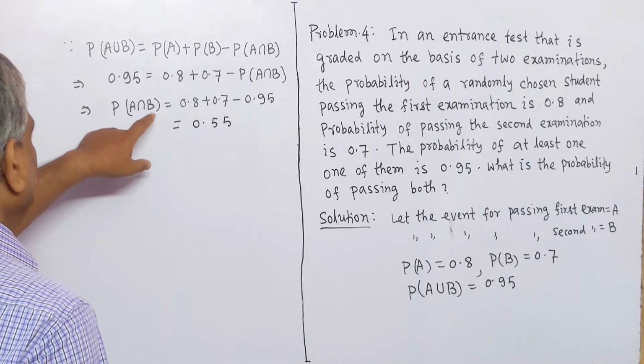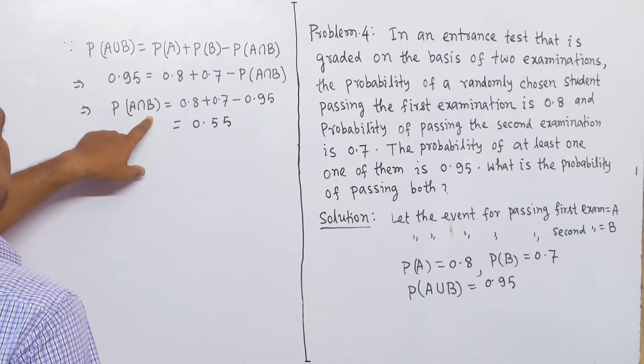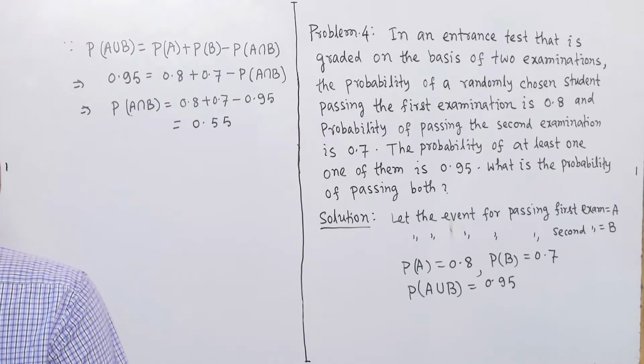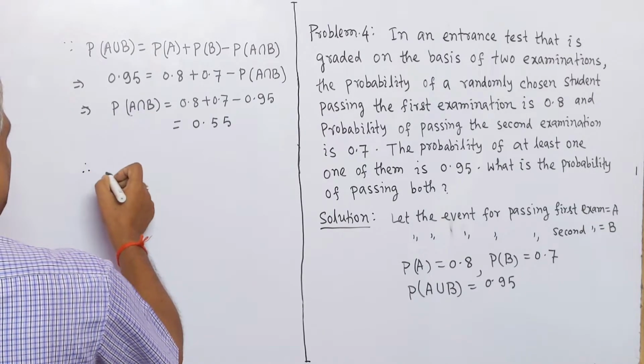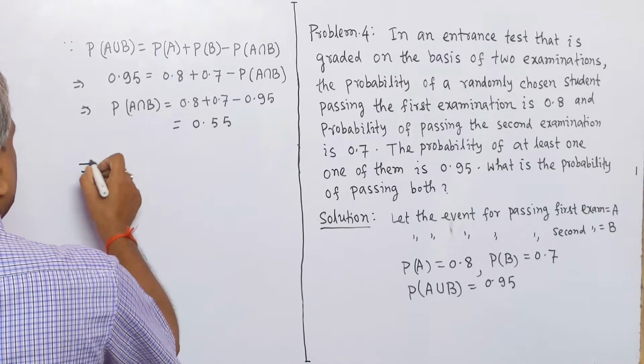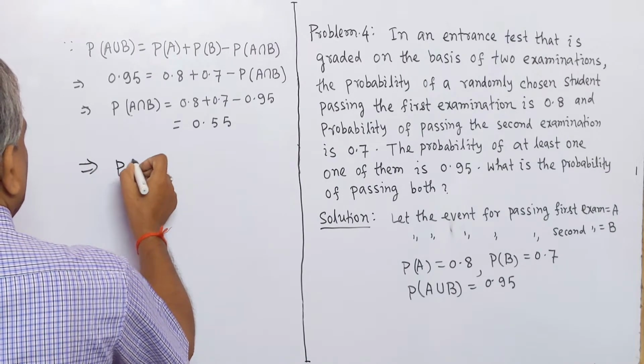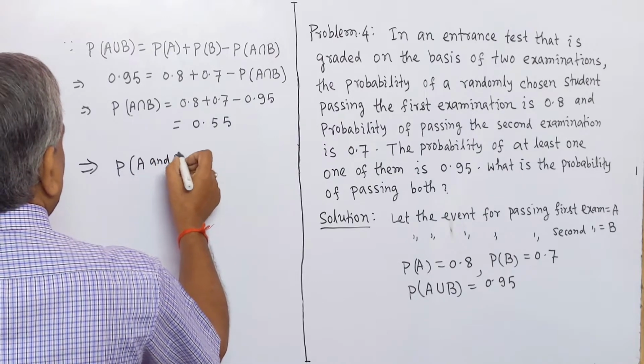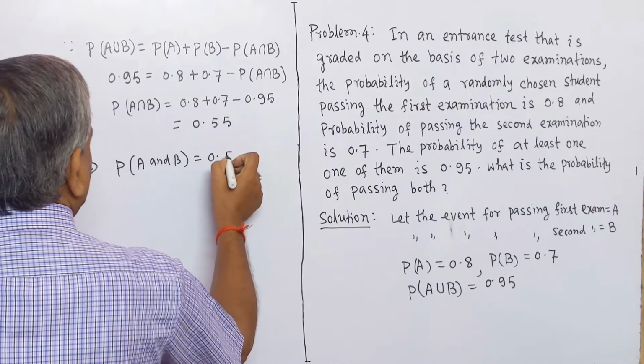P(A intersect B) is both A and B. Therefore, P(A and B) equals 0.55.